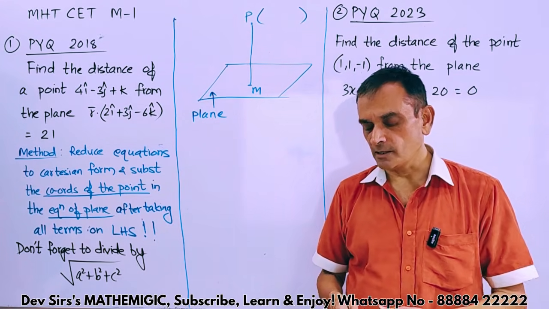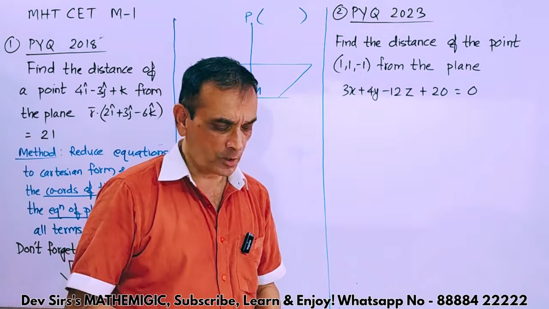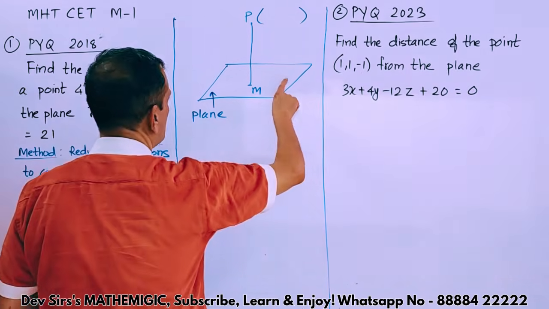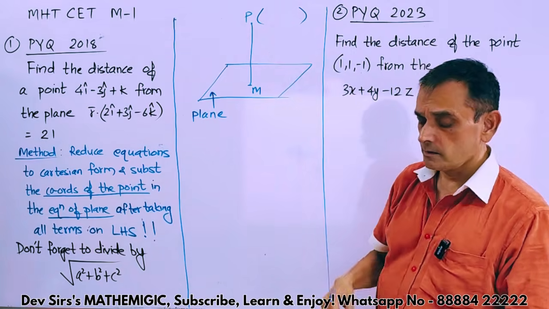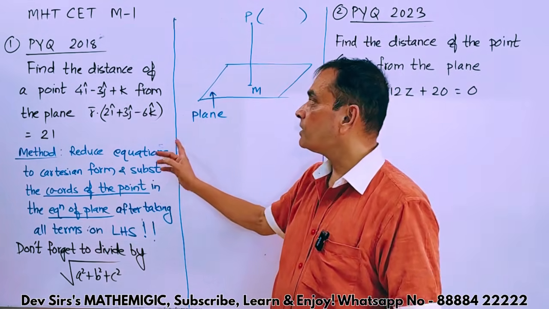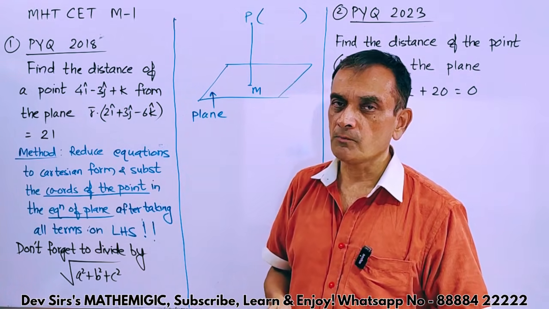So let's see the method now. See, this is the plane, this equation is given, this is the point. Now always, what is the hint given? Convert the point into Cartesian form.